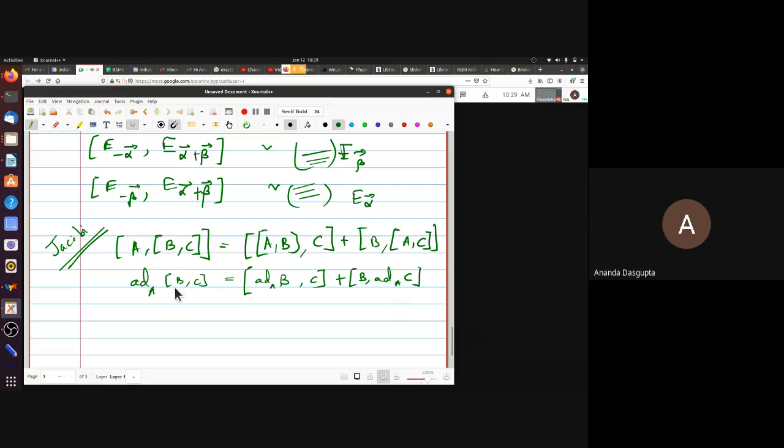What is this? You had some kind of product, right? Remember the Lie algebra, this commutator is the Lie product in that algebra. Okay? And when you're applying this operation on the product, what is the result? The operation acts on the first term of the product. Second term stays intact, right? Remember, the commutator is the product. So you're essentially doing this.